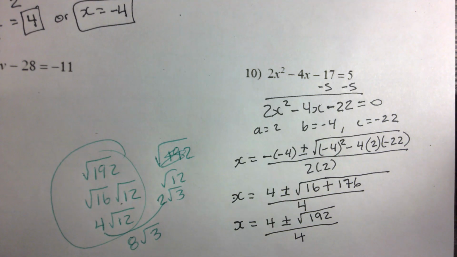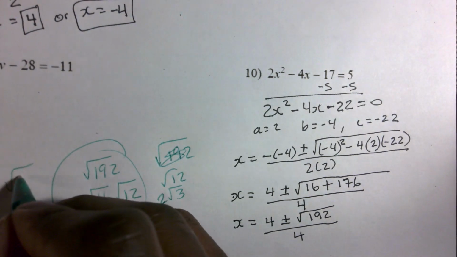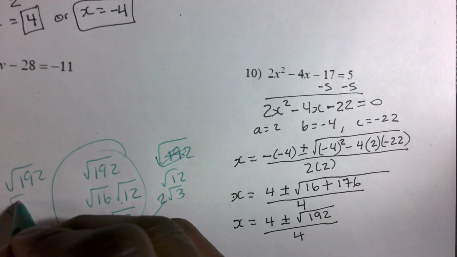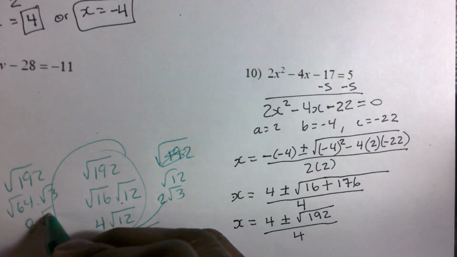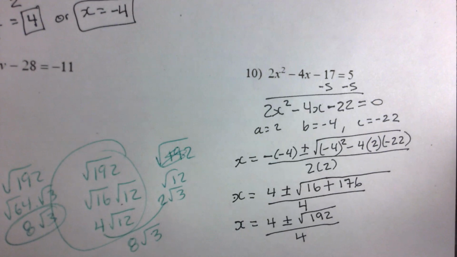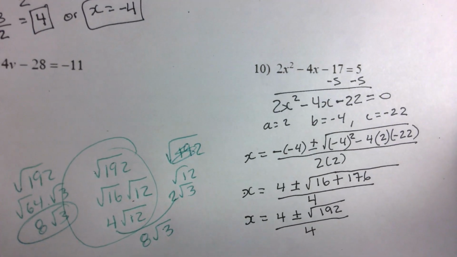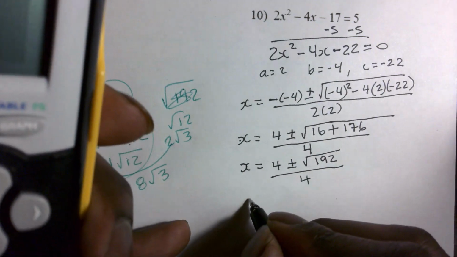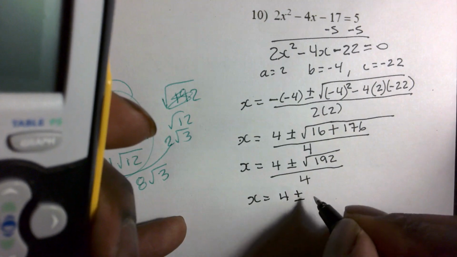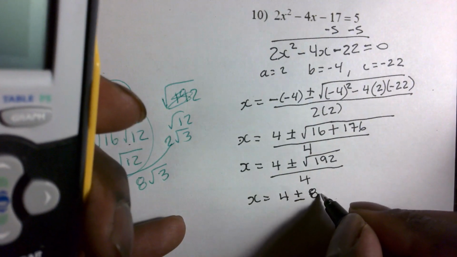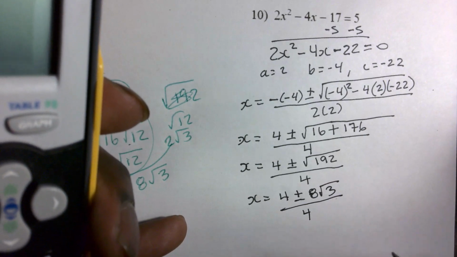I could also have said the root of 192 is the root of 64 times the root of 3, which is 8 root 3. So I'm going to replace that here, and I get x equals 4 plus or minus 8 root 3 over 4.